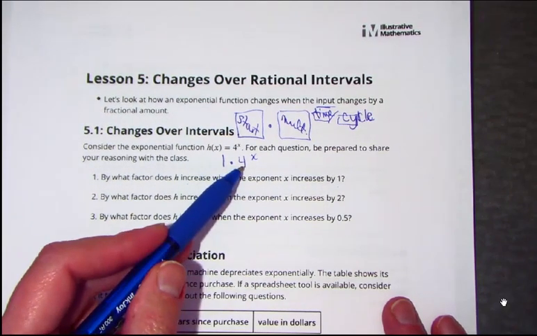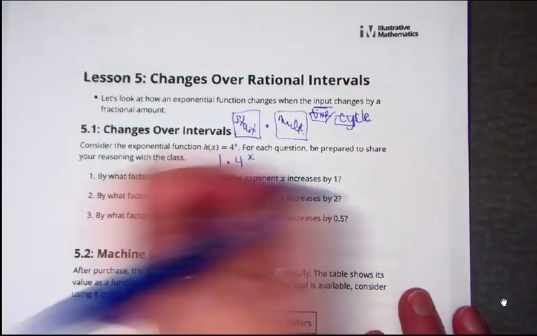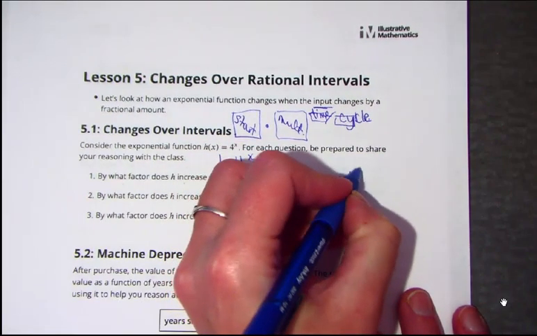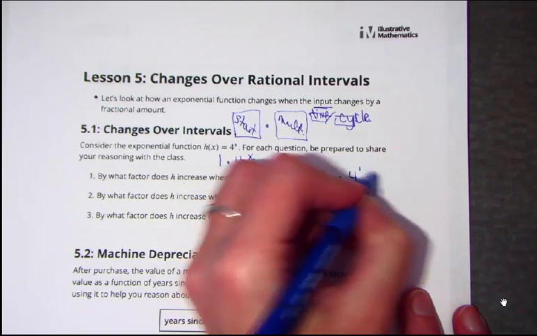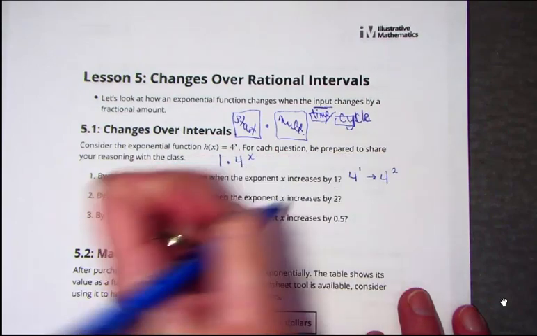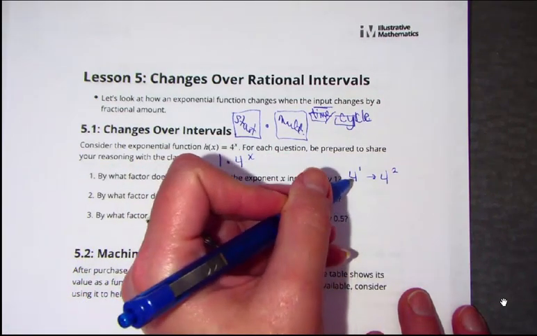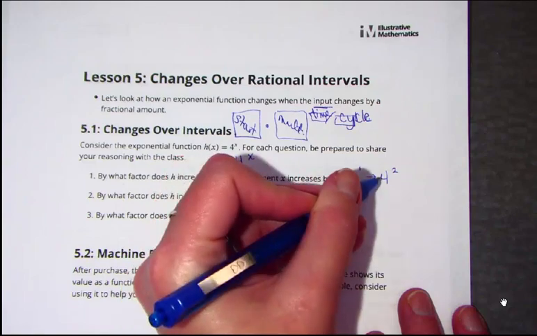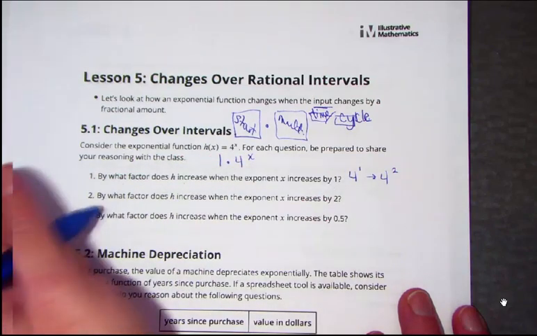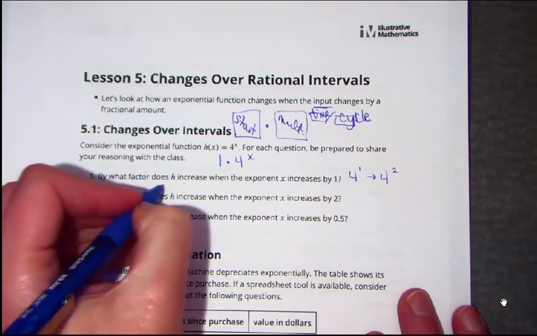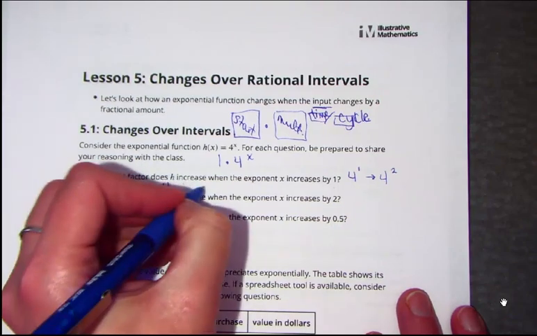That's saying if we go from 4 to the first to 4 to the second, well, 4 to the first is just 4, and 4 to the second is 4 times 4. So the factor that it's increasing by is 4. It's quadrupling.